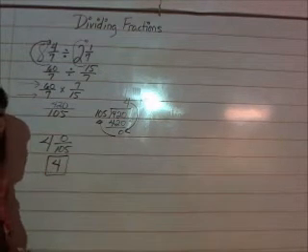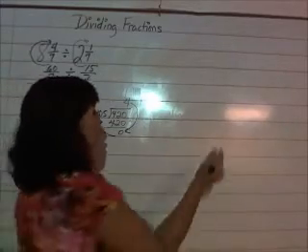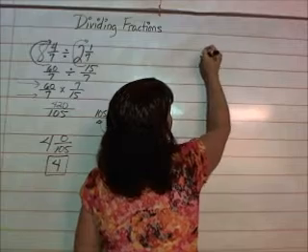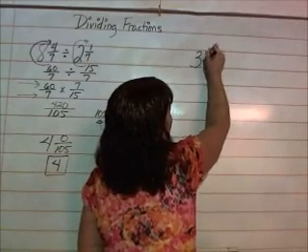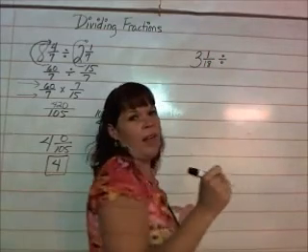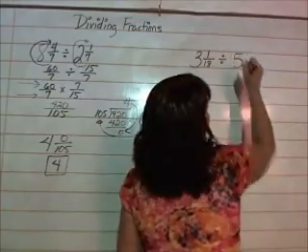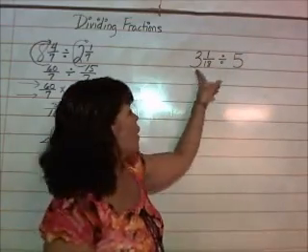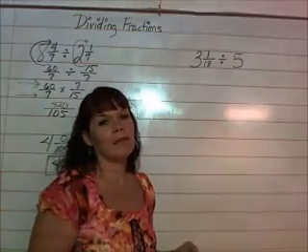Okay? Let's try another one. How about this time we have 3 and 1/18 divided by, let's use 5. 3 and 1/18 divided by 5.